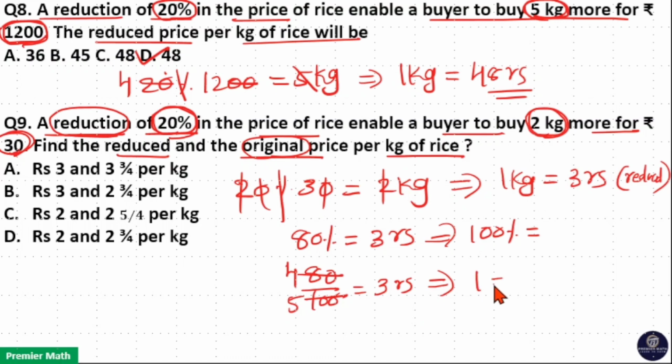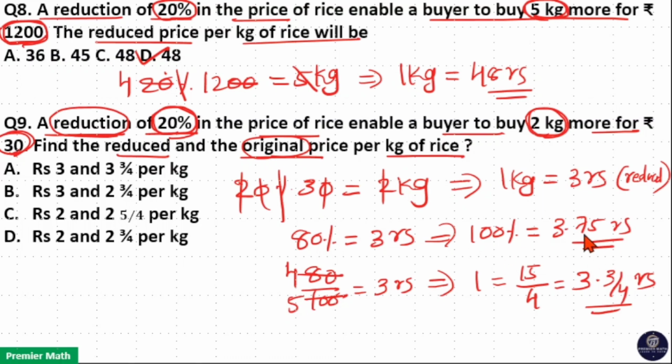So 1 unit is equal to 3 into 5, 15 divided by 4, which is equal to 4 goes 3 times in 12, remaining 3. So 3 and 3 by 4 rupees, which is equal to 3.75 rupees. That is original price is equal to 3.75 rupees and reduced price is equal to 3 rupees. That is option A is your answer.